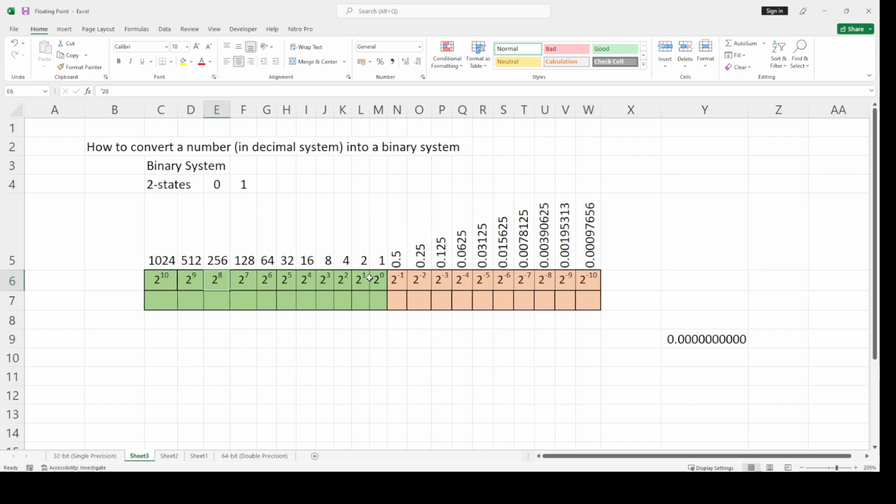The very first thing that you can see here in the center part is 2 raised to 0, that is 1. Then followed by 2 raised to 1, and so on and so forth. This is base 2, and base 2 will have this output: 1, 2, 4, 8, 16, 32, 64, 128, 256, 512, 1024.